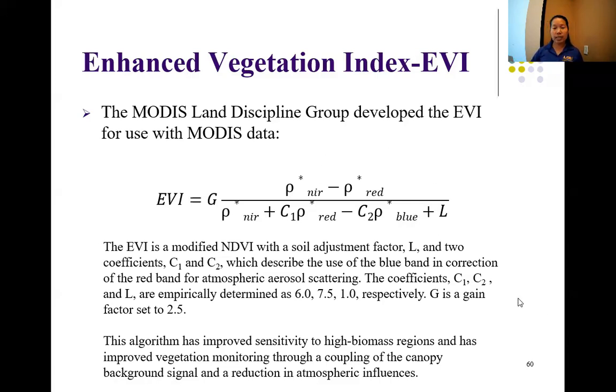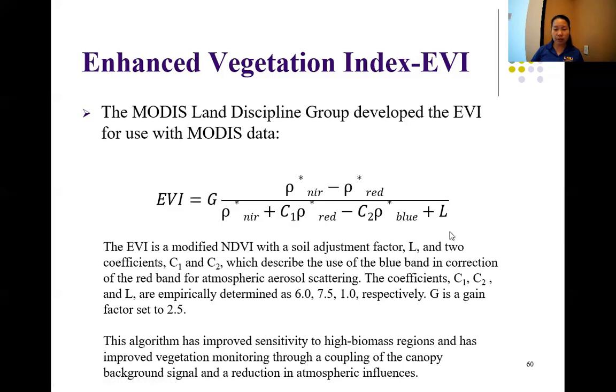Again, as you can see, a lot of these different variations of the index are of particular interest to those people who focus on vegetation study, especially for precision agriculture management, where they care very much about sensitivity and variation.